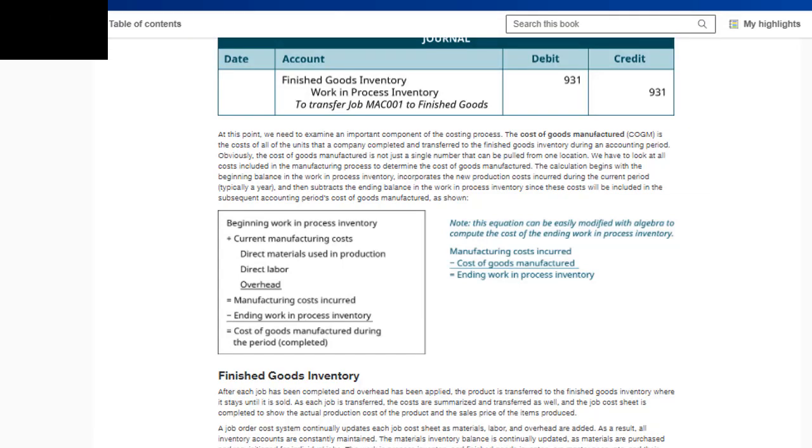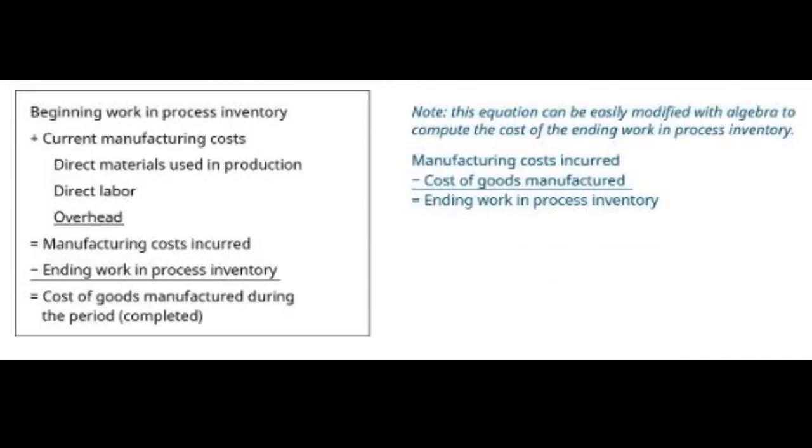As you can see, we are calculating manufacturing costs incurred in the middle of that box, and then the cost of cookies finished or completed or manufactured at the end of the box. Well, let's look at manufacturing costs incurred first. How much money did we spend on manufacturing resources today to make that batch of specialty cookies?